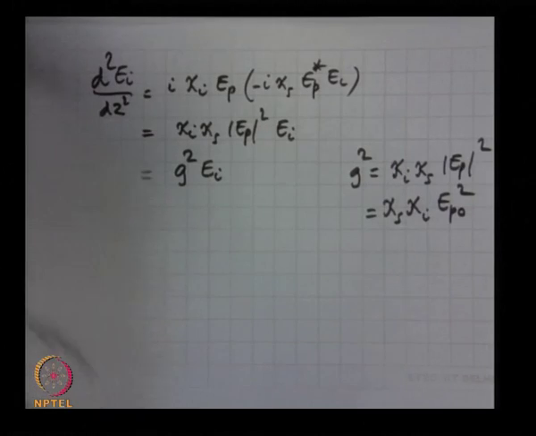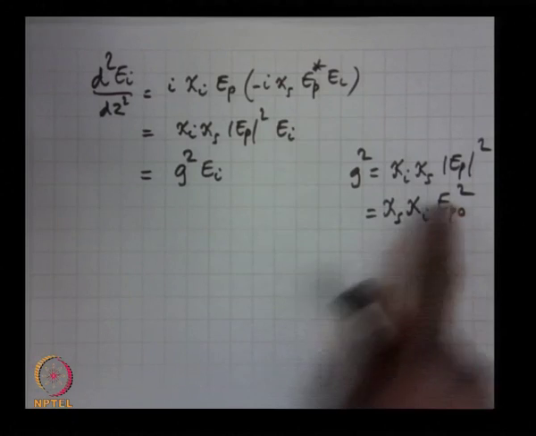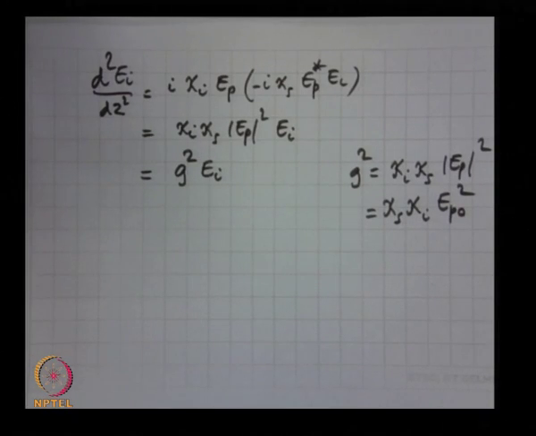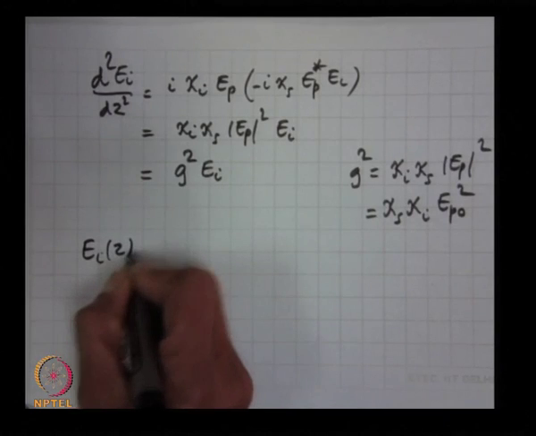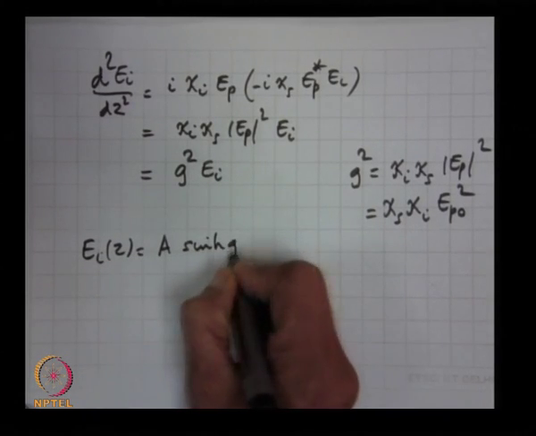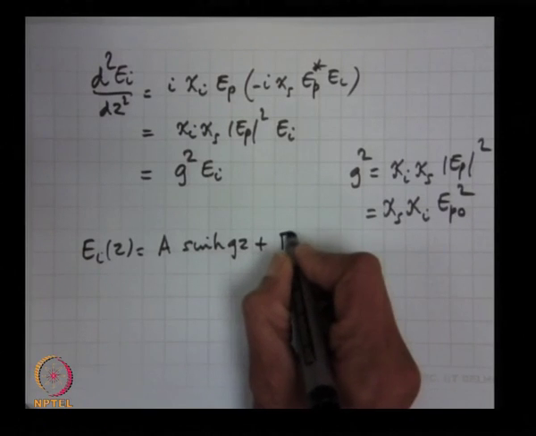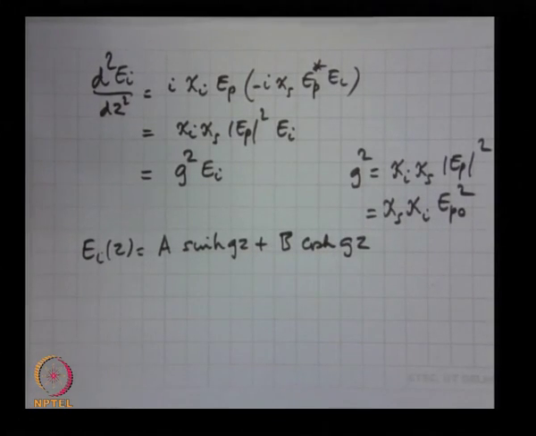EP is assumed to be constant, and EP is equal to EP0 exponential i phi P0. So mod EP square is simply EP0 square. So the solutions of this equation are EI of Z is equal to A sinh GZ plus B cosh GZ. And then what did you do?